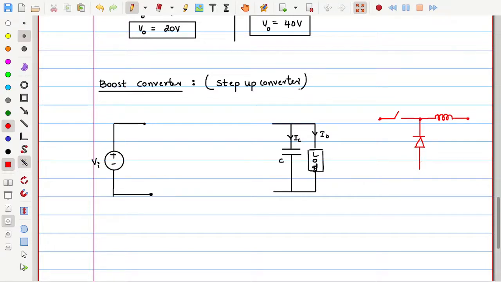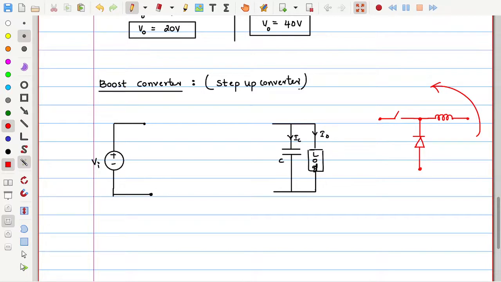Okay, like a T junction. If you turn this T by, let us say, 180 degrees, somehow if I turn these things in a counterclockwise direction, the inductor will occupy the switch position, the switch will occupy the diode position, and the diode will occupy the inductor position.